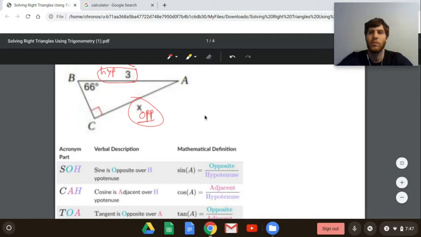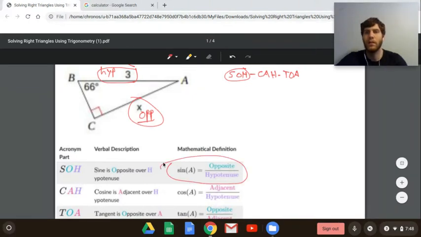Okay, so we have SOHCAHTOA, our mnemonic we're going to use. We have opposite, that's O, and H. So we're looking for the one with O and H. It's going to be sine. So this is the equation we're going to use: sine of the angle equals the length of the opposite side over the hypotenuse.